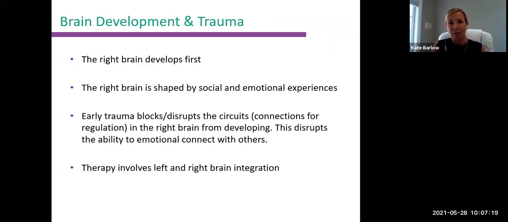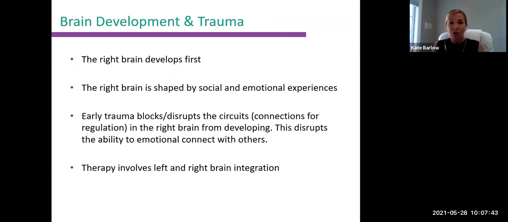So with brain development, the right brain develops first, and the right brain is shaped by social and emotional experiences. And so when there's an early trauma, the brain is really blocked from developing in the way that we would want it to, and it really disrupts the ability for the child to emotionally connect with others and self-regulate.